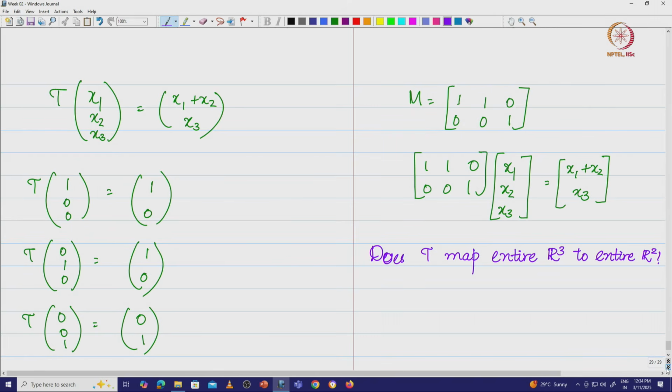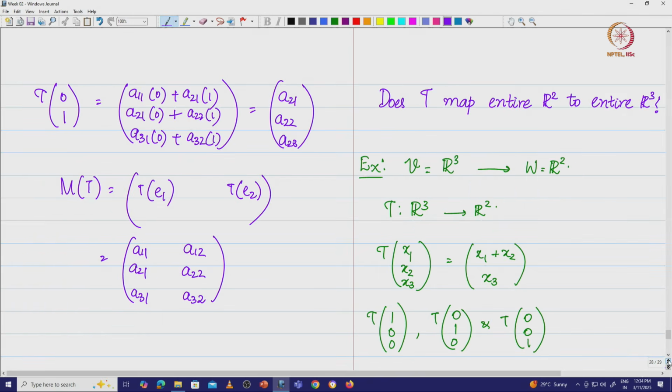So, in this example, the answer is yes, and in the previous case the answer is basically no, right. Okay.